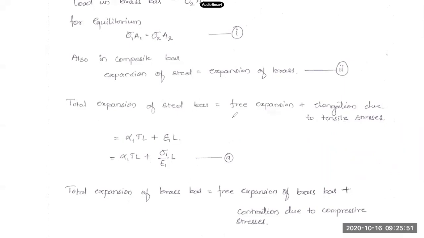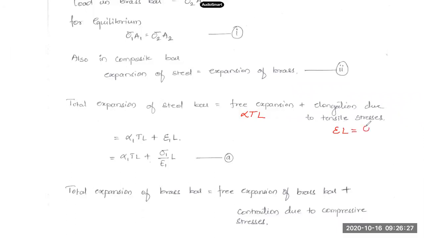One is the free expansion, expressed as alpha into change in temperature T into the length: coefficient of thermal expansion into change in temperature into the length of the member, alpha T into L. This is the free expansion term. Plus the elongation due to tensile stresses, which is whatever the tensile strain is, multiplied by the length.